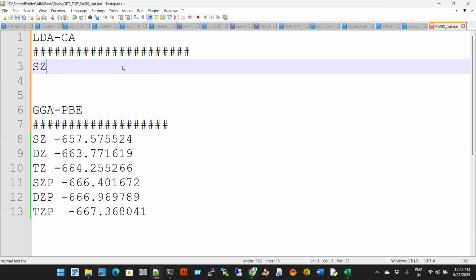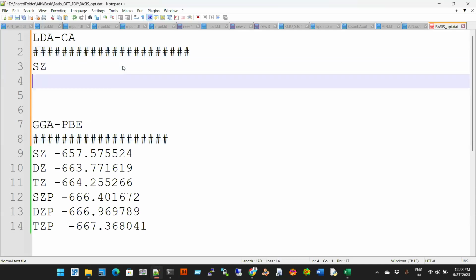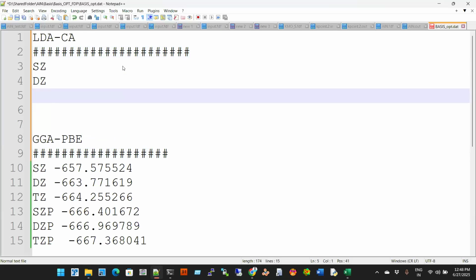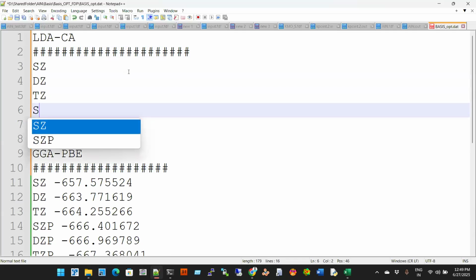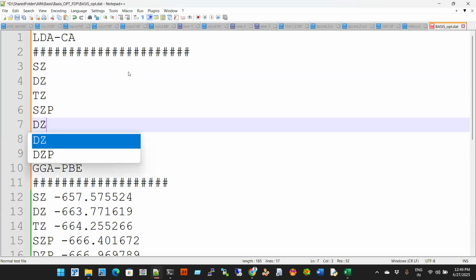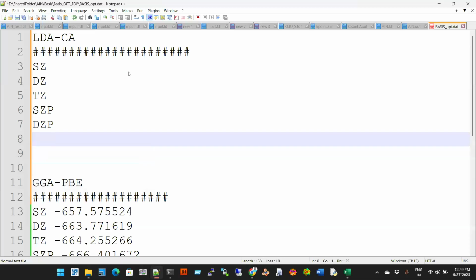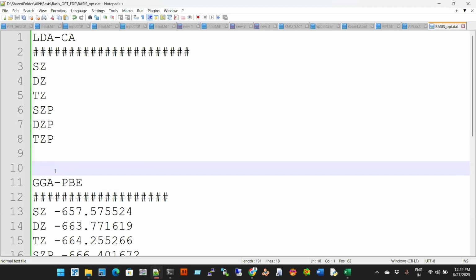SZ, DZ, TZ, SZP, DZP and TZ, TZP. I am writing all these things first to make the calculation faster.